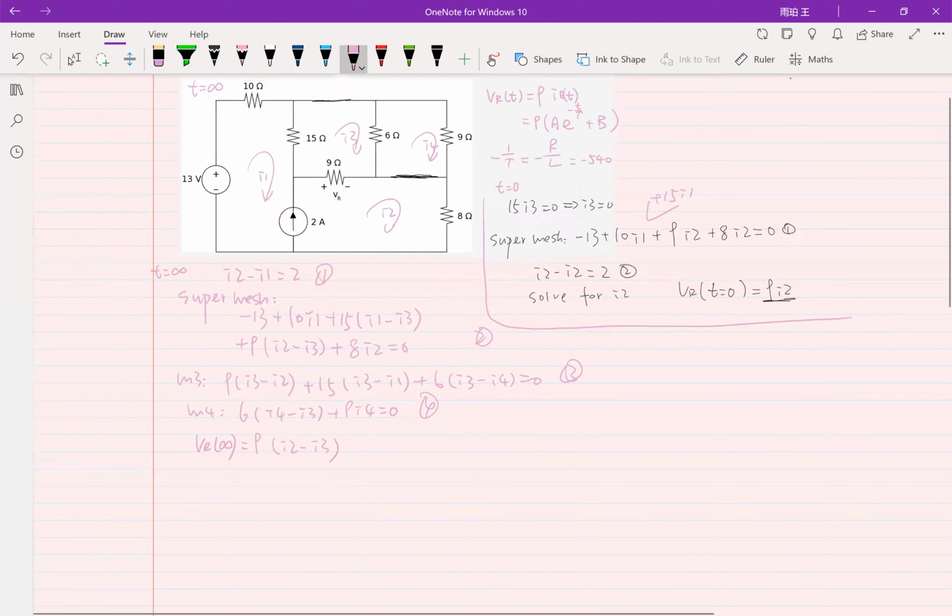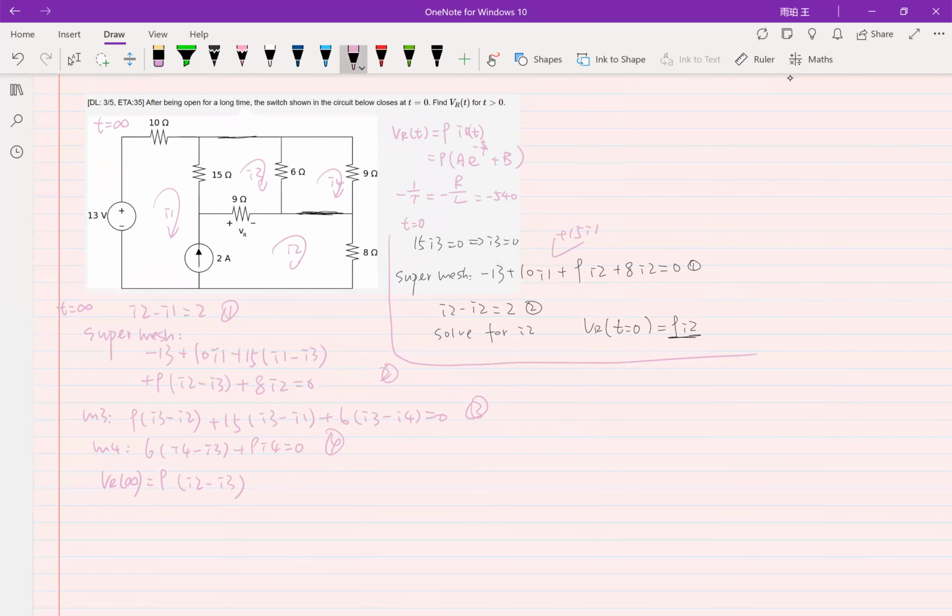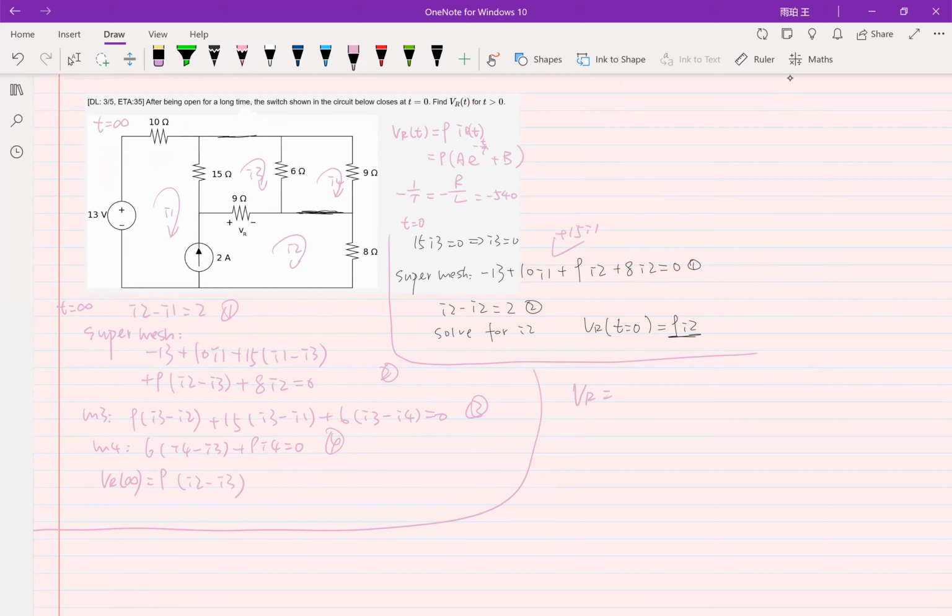Okay, let's pull out our template for the voltage equation again. So V_R equals 9 times A e to the power of negative t over tau plus B. And negative 1 over tau is just negative 540 t.